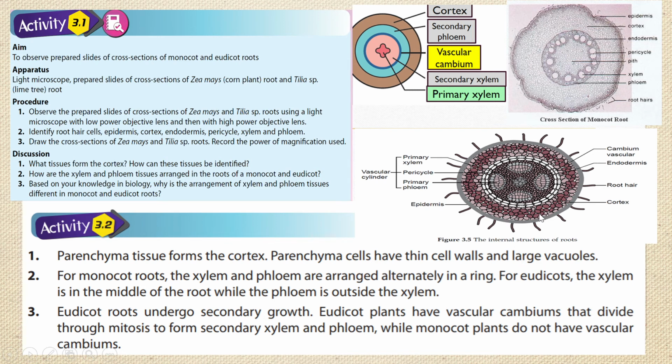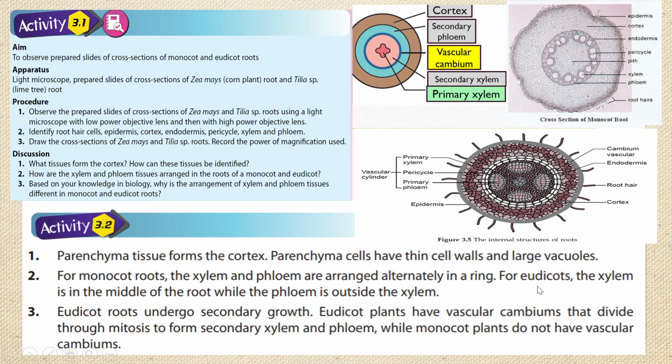The second question is, how are xylem and phloem tissues arranged in the roots of monocots and eudicots? You can see this schematic diagram and figure 3.5 over here. They are the structures of the eudicot roots. You get to see the star shape in the middle.